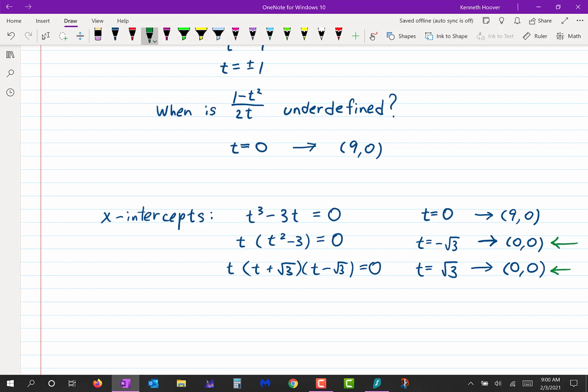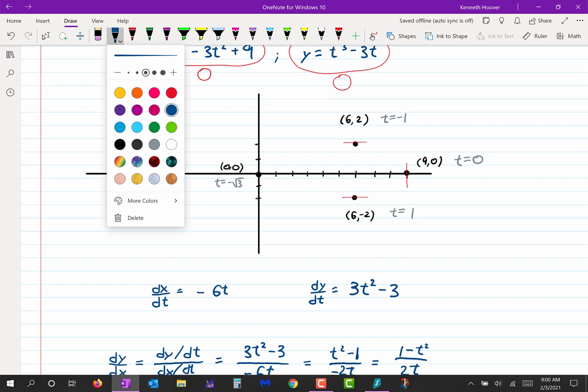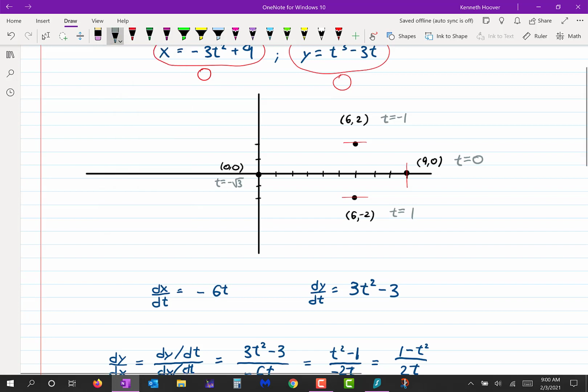Once when t equals negative root 3, and again a second time when t equals positive root 3. Isn't that interesting? So this point right here, the curve is going to pass through there 2 times.